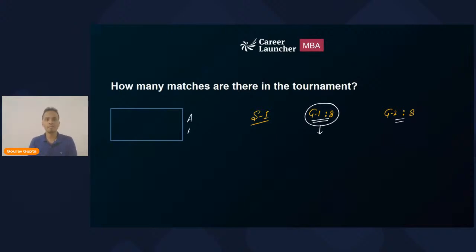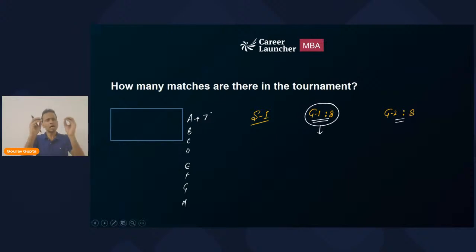So let's say A, B, C, D, E, F, G, and H. These are 8 teams. So A, first of all, will play 7 matches, right? A will not play a match with itself, but A will play exactly one match with every other 7 teams. So A will play 7 matches.